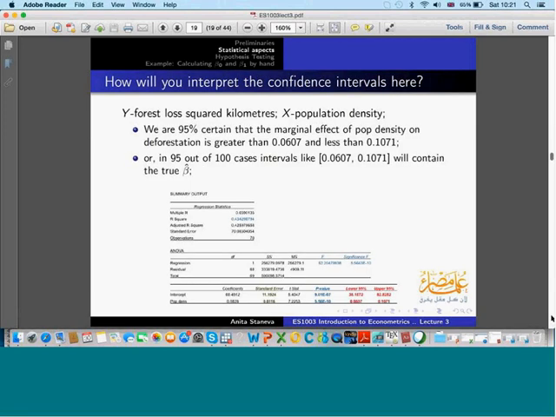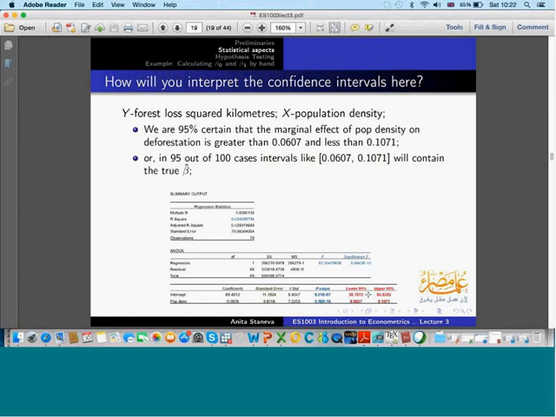This is another example, based on a different data set, where forest loss in square kilometers is our dependent variable, and this determines the population density. This is the output of the regression given below. What we can see based on this coefficient is that we are 95% certain. We focus mainly on the confidence interval interpretation at the moment.